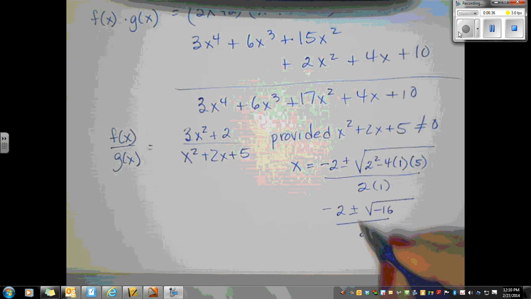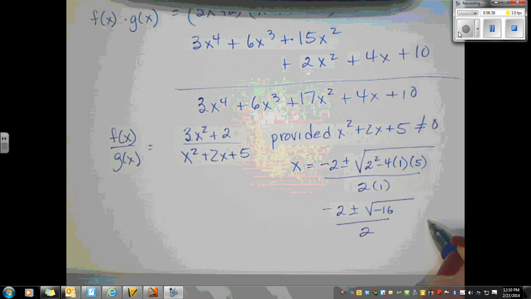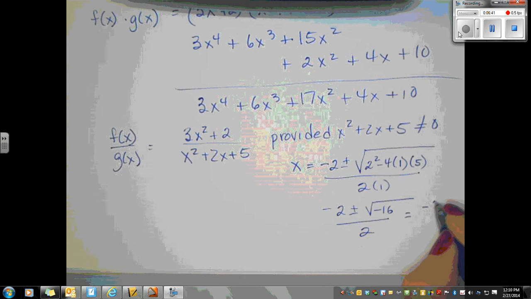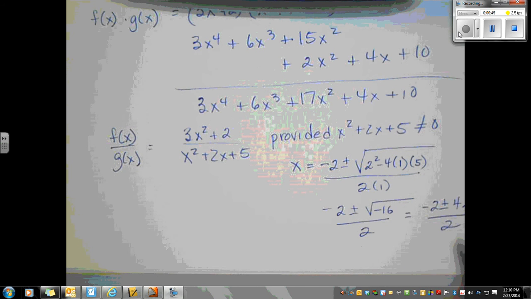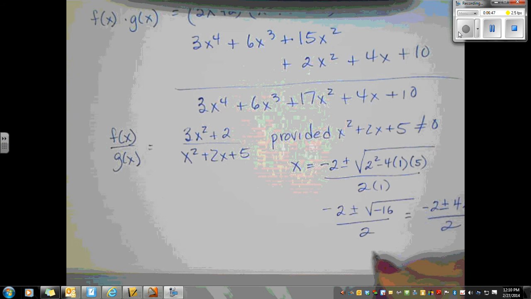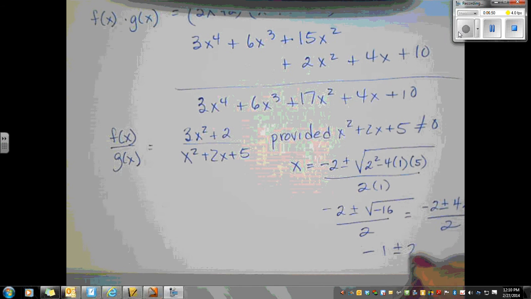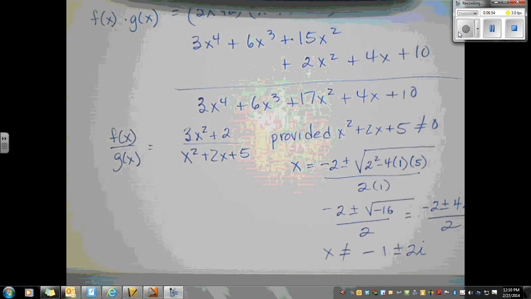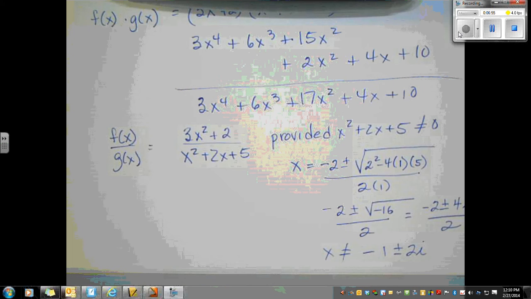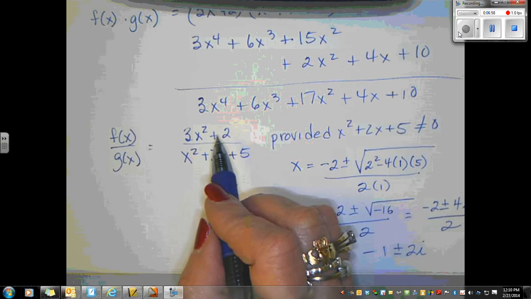Is this going to be equal to anything? Well, it's going to be negative 2 plus or minus 4i over 2, so we get negative 1 plus or minus 2i. So these are imaginary. Okay, so there's nothing that's going to make this zero, so this is good, right?